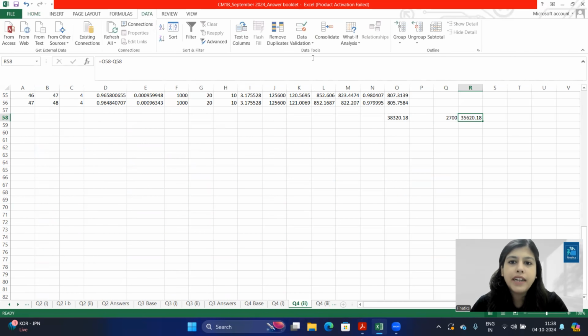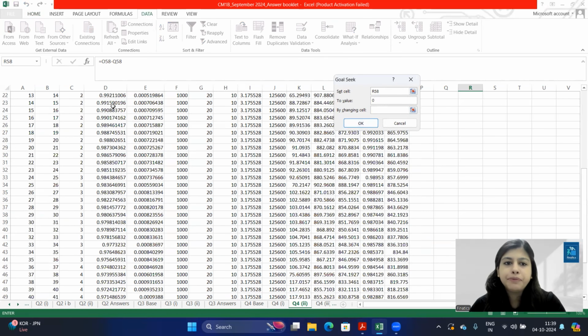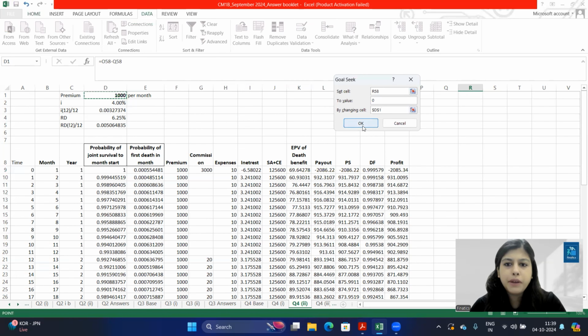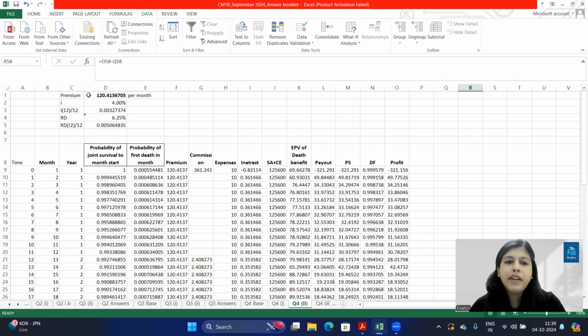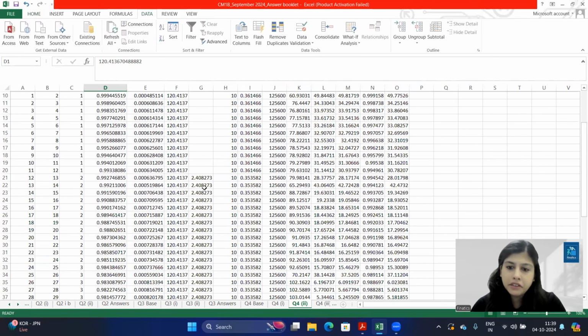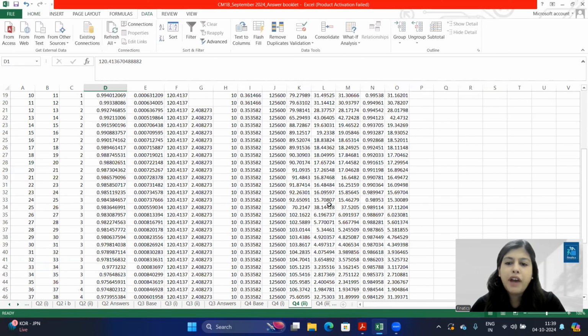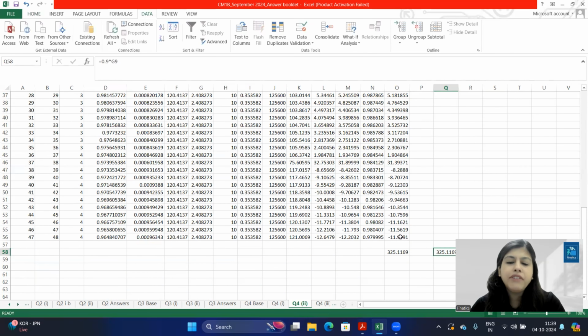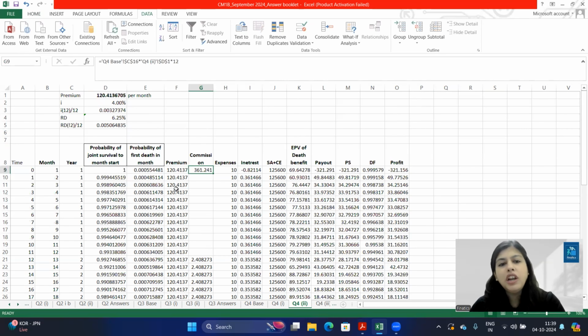So I use the Data tab, What-If Analysis, Goal Seek, set to value 0, and I change the premium of 1,000 per month. It gives me a premium of 120.41 per month, to have a profit of 325 in total, which is equal to 90% of the initial commission.